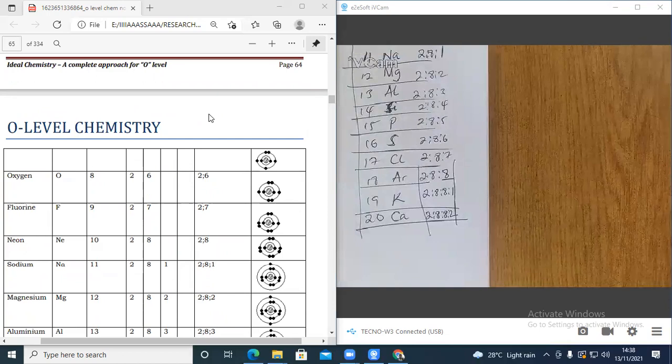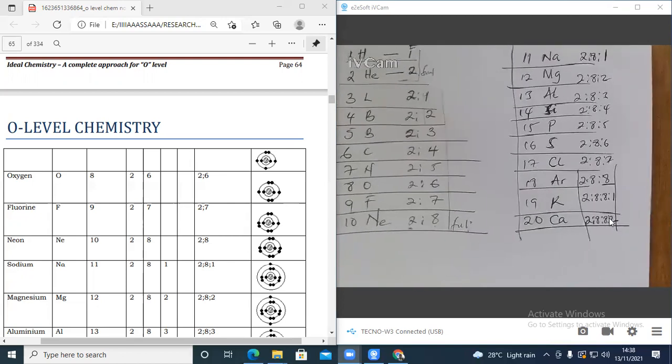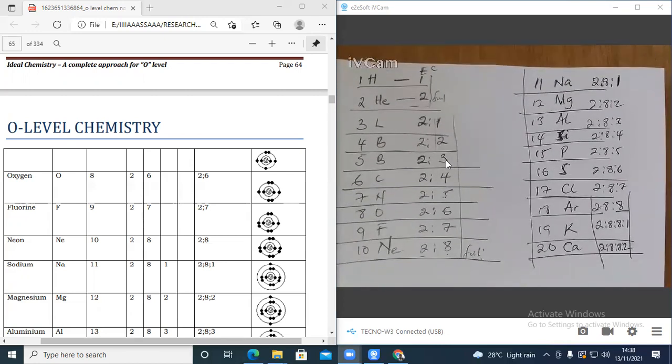Someone has a question? I'm saying we want to copy a table. You want to copy the table, this one? There is no need of copying this. If you have understood how to derive it, I don't see the reason why you should copy.